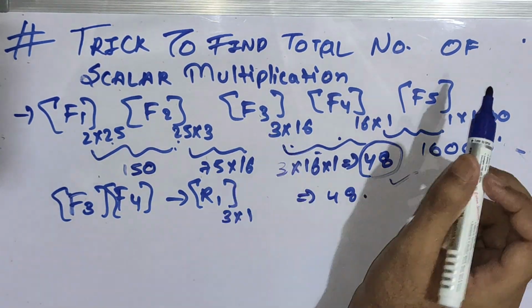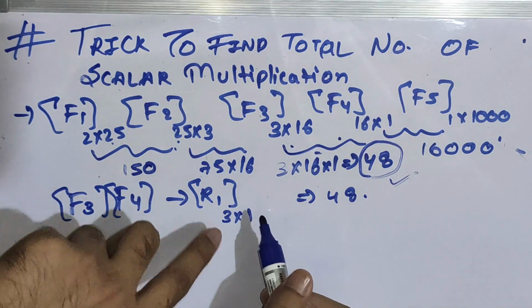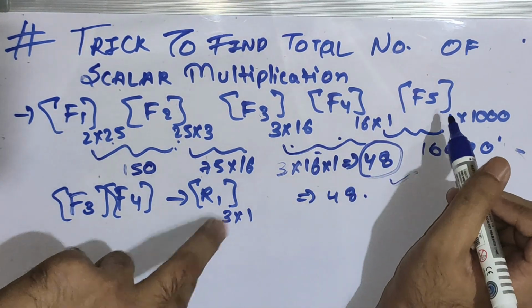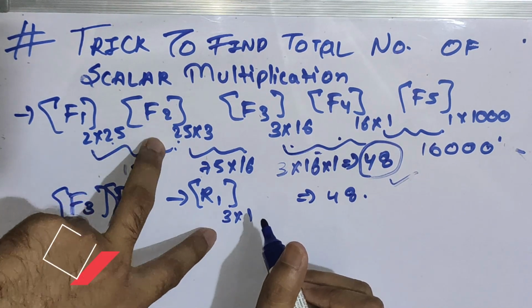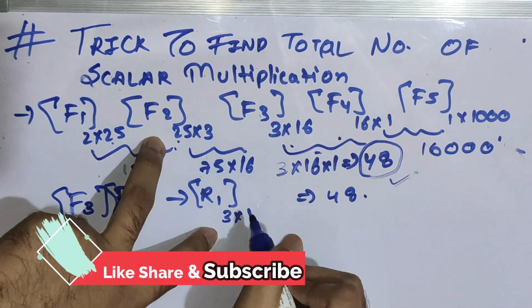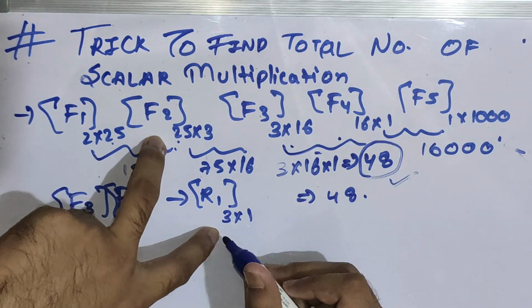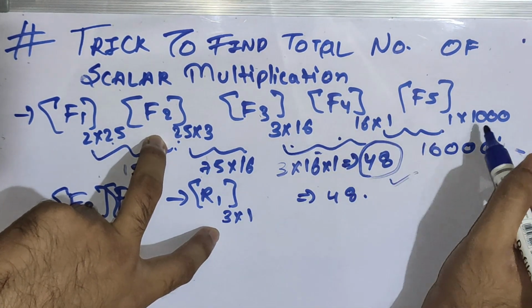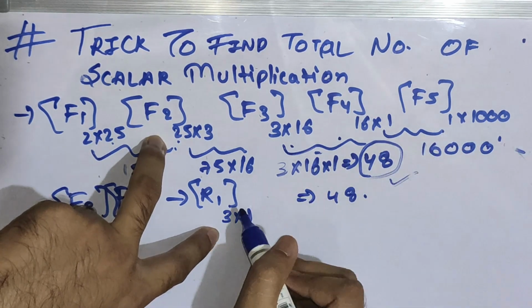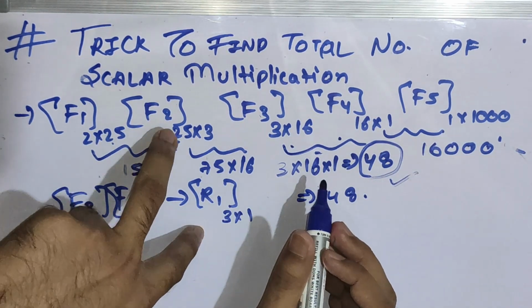Here you can see you can multiply this r1 with f2 as well as this r1 with f5. So which will you choose? If you multiply f2 with r1, you will get the scalar multiplication as 25 into 3 into 1, so basically 75. And if you multiply r1 with f5, you will get 3 into 1 into 1000, so basically 3000. So it is costly, so you will always go to the minimum, so you will multiply r1 with f2.